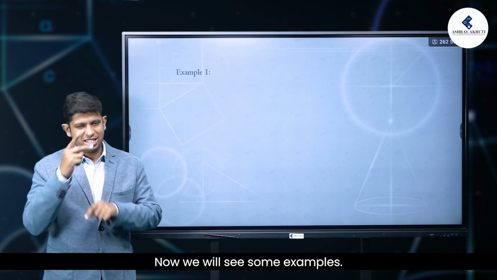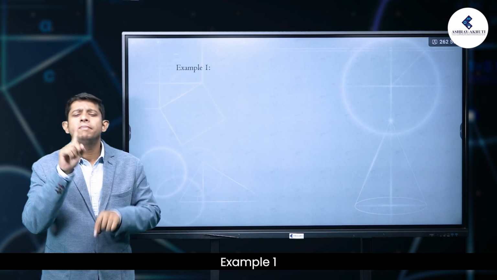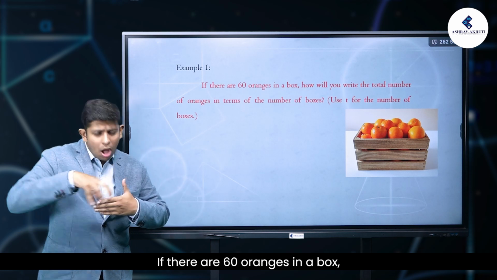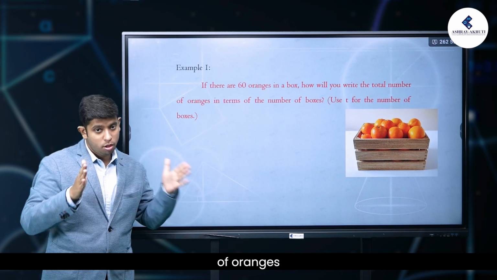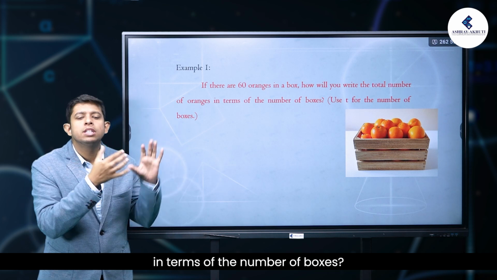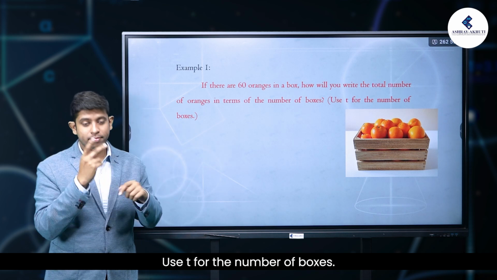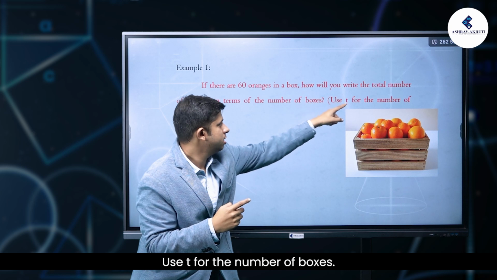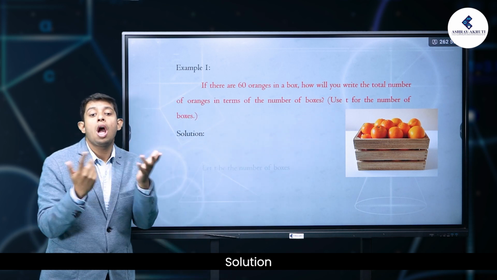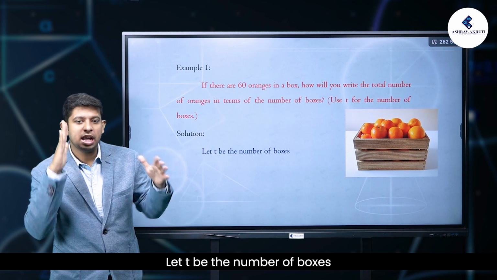Now we will see some examples. Example 1. If there are 60 oranges in a box, how will you write the total number of oranges in terms of the number of boxes? Use T for the number of boxes. Solution. Let T be the number of boxes.